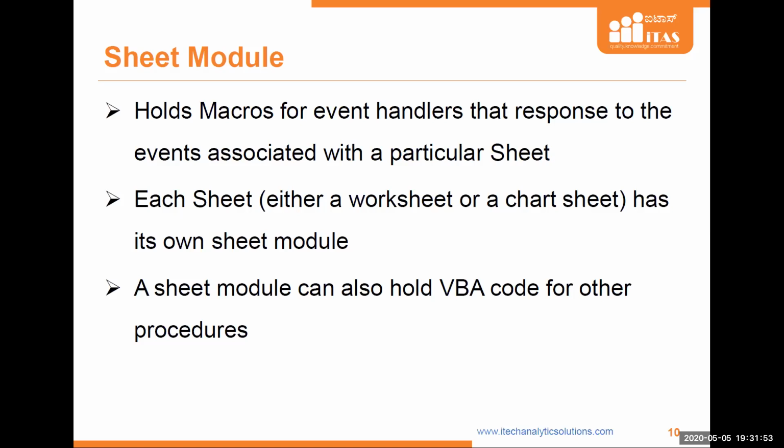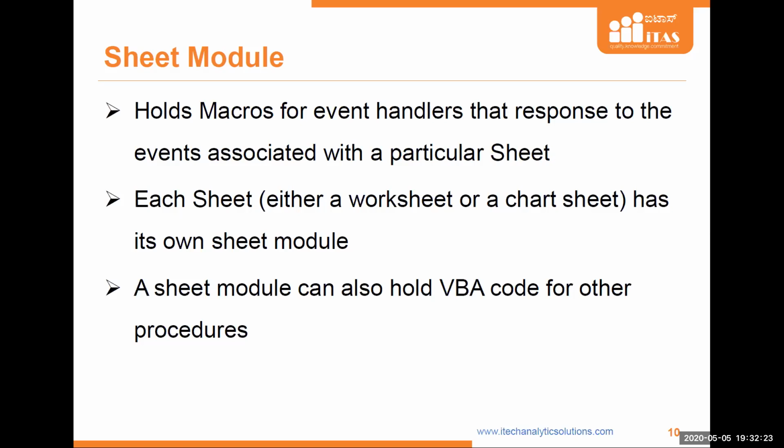Each sheet has its own module. The event taking place in that particular sheet only will be the trigger to the macros that you have written. Suppose you have written a macro in the sheet 1 module, and you perform some event there, like selecting cells or changing the cell value, and you have used the same event to write your macro.